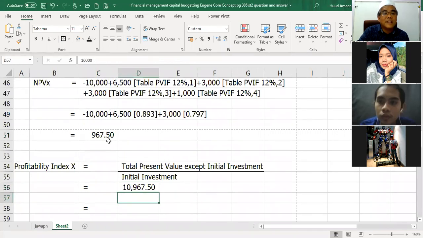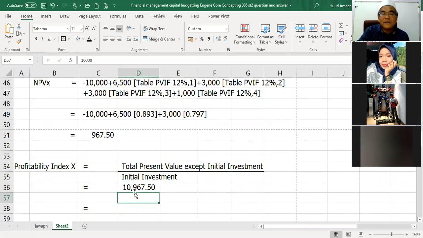For example, 967.50 plus 10,000 gives you 10,967.50. Then the initial investment is 10,000, so if you total up, you will get 1.10. This is for project X.